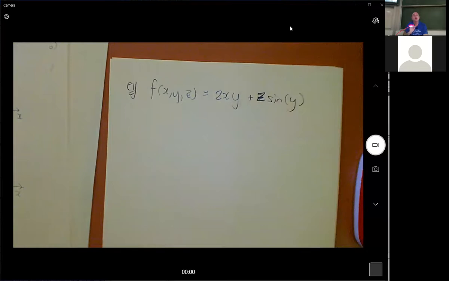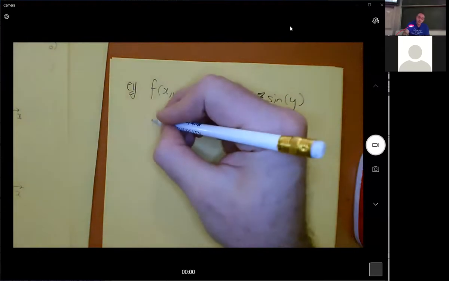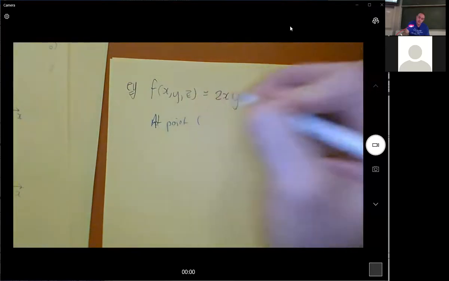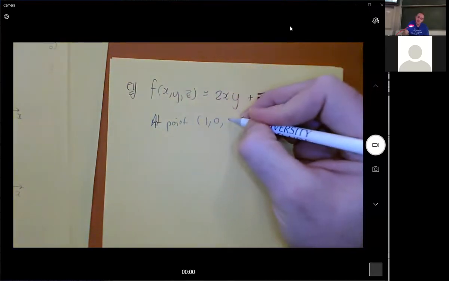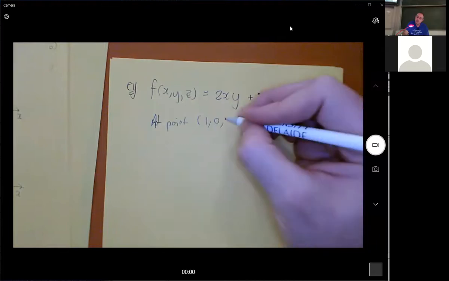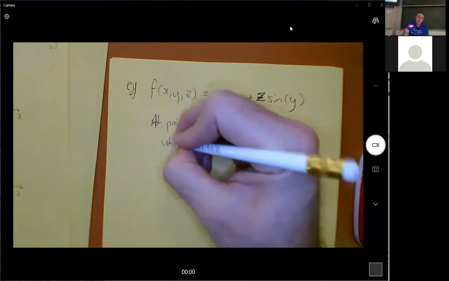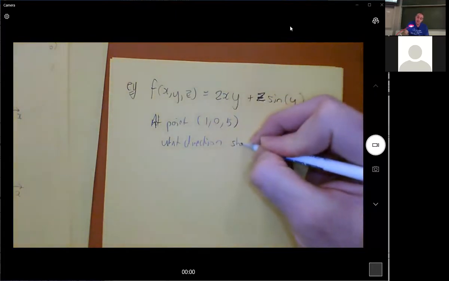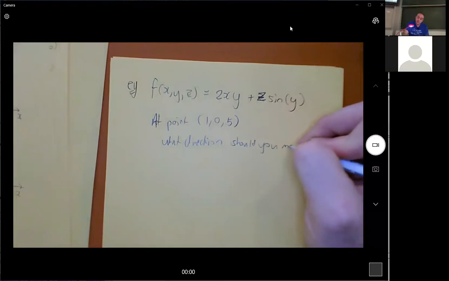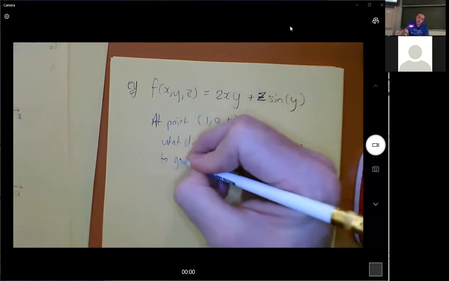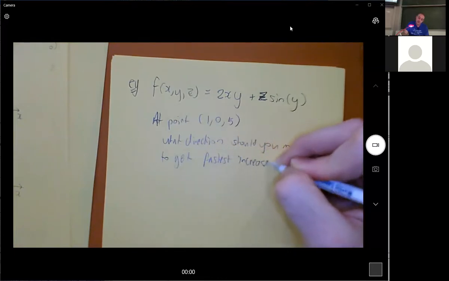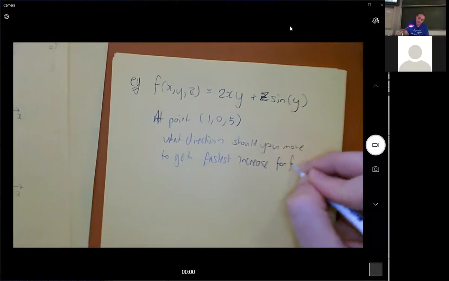This is a 3D function. It takes every point in 3D and produces a number. So at the point, say 1, 0, 5, what direction should you move to get the fastest increase for f?